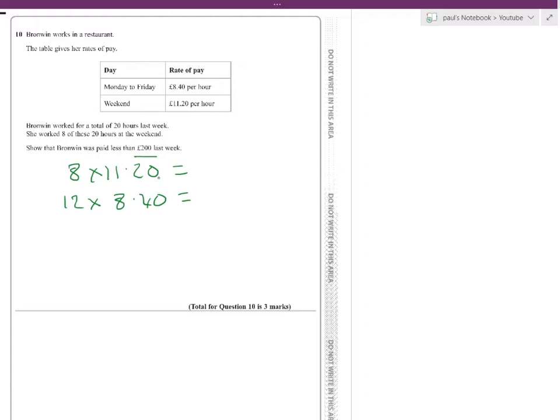So 8 times 11.20 equals £89.60, and 12 times £8.40 is £100 and 80 pence. Add the two together, plus 89.6, means you had £190 and 40 pence.